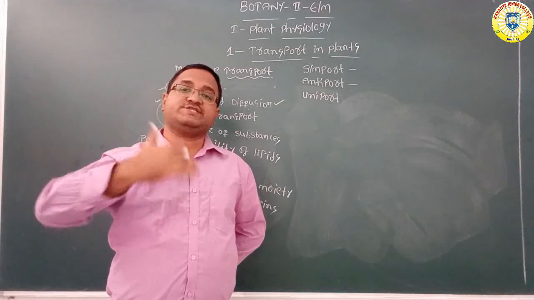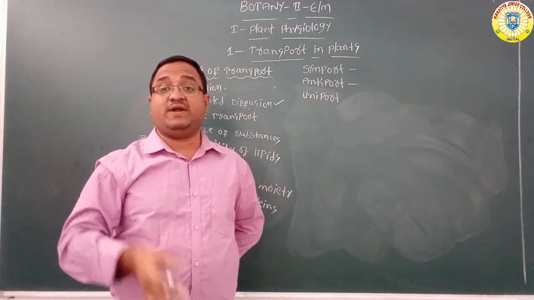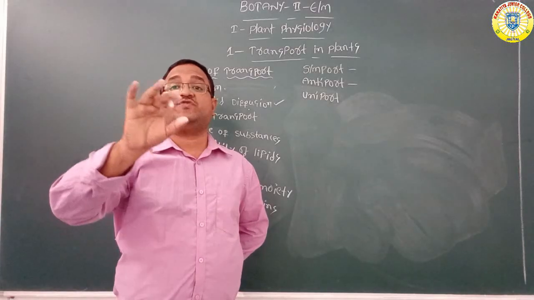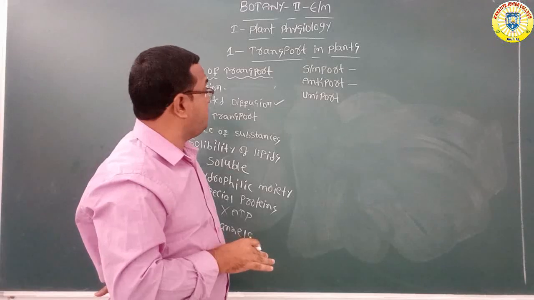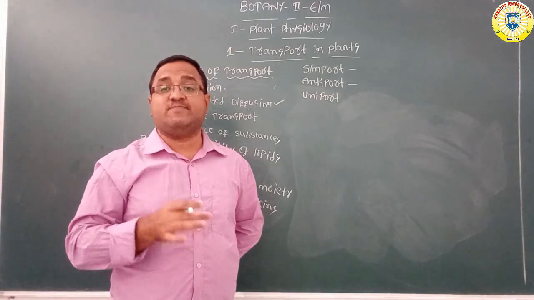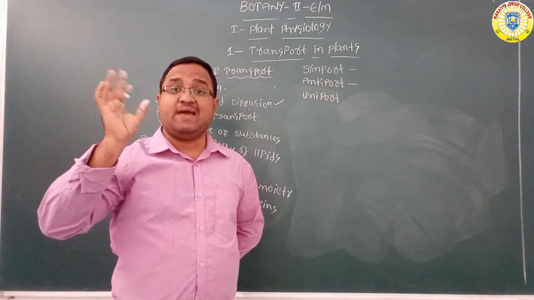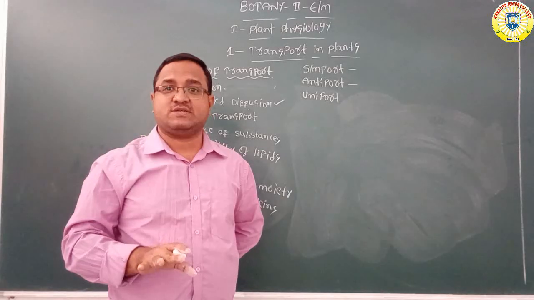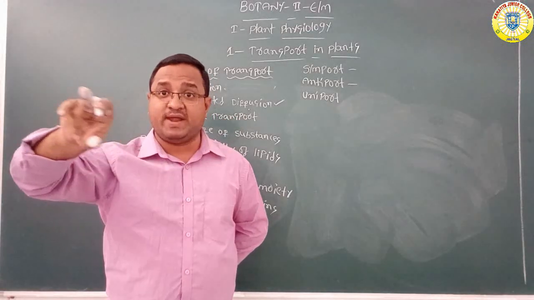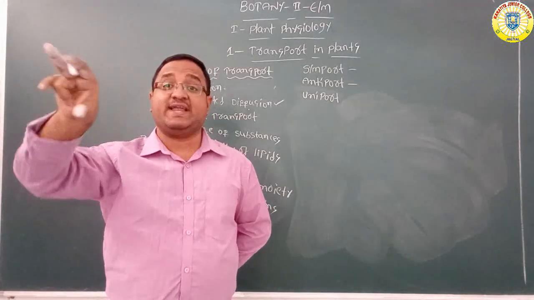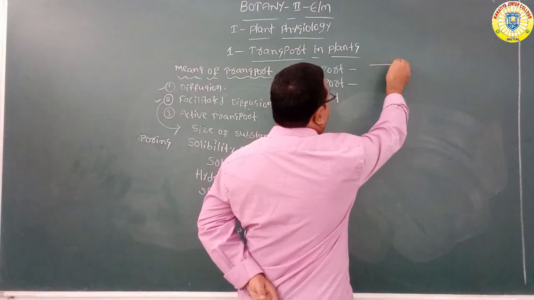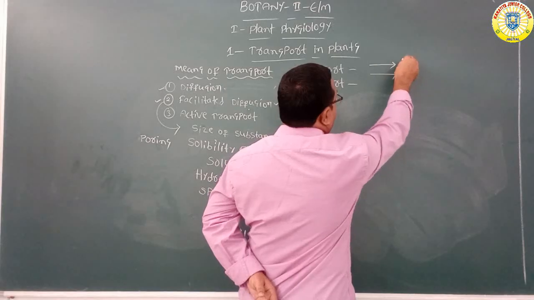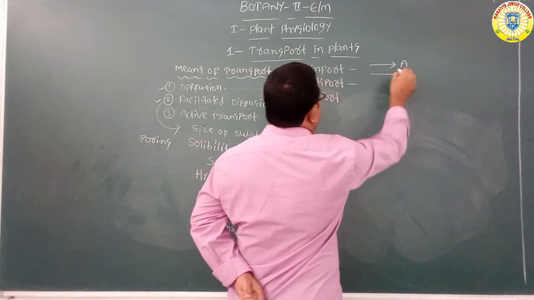But how do the molecules move through the cell membrane? Their movement is divided into three types. The first one is symport. In symport, the two types of molecules move through the cell membrane in the same direction.